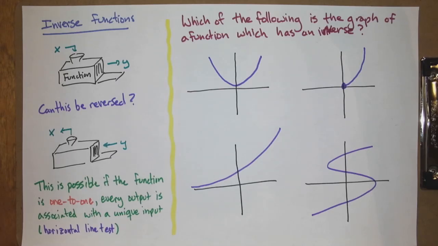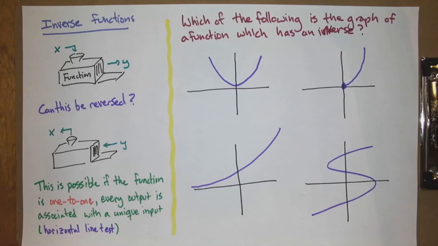A horizontal line says, now let's look at the outputs. We want to make sure that for any horizontal line, we hit the curve at most once. If we hit the curve multiple times, that means that we have that output, which corresponds to the height of that flat horizontal line, multiple times.